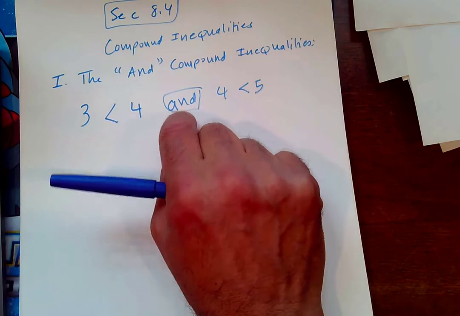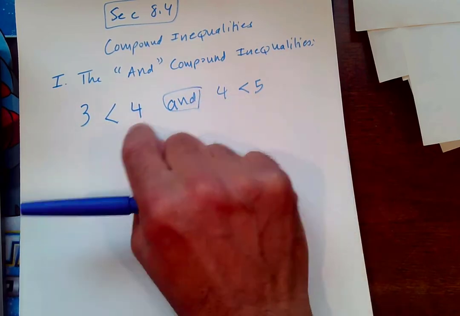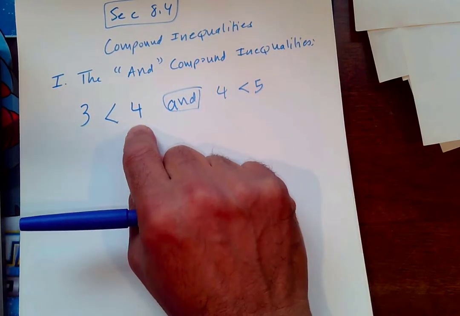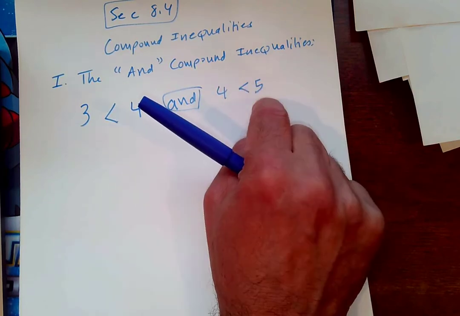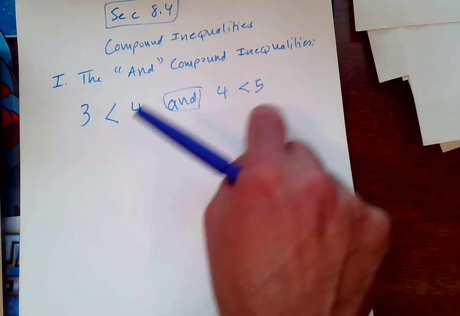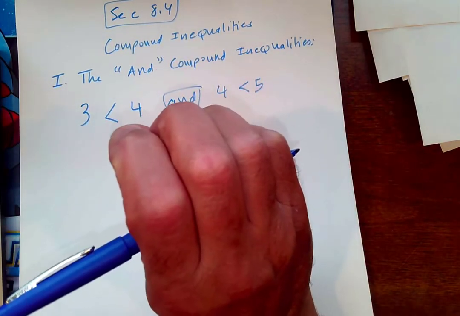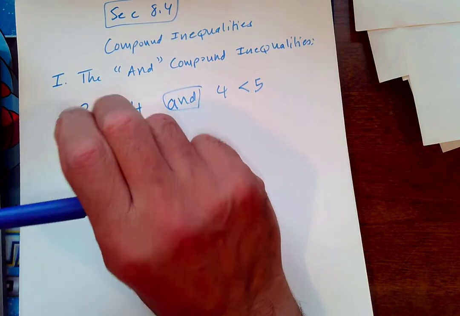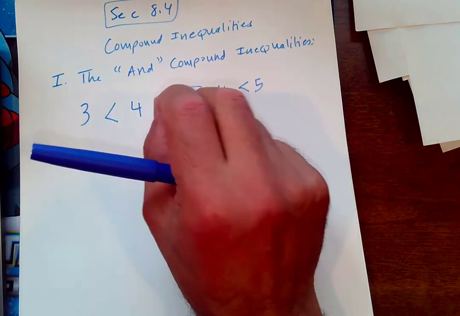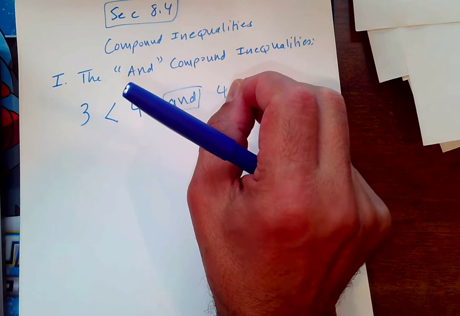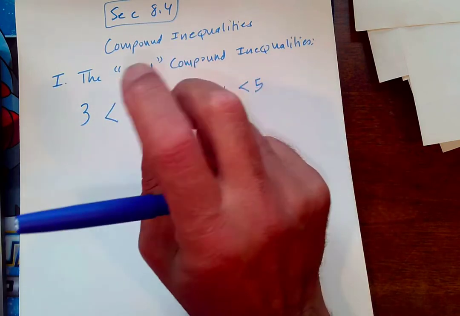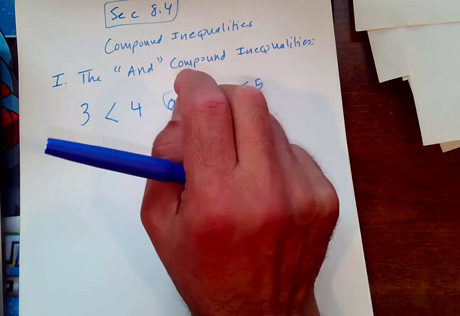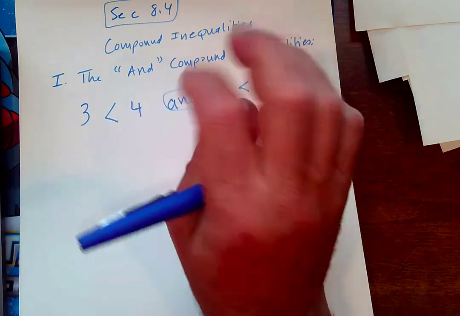When we use AND, both of these statements have to be true. 3 has to be less than 4 and 4 has to be less than 5 for the whole statement to be true. Just like if you say, I am a full-time student and I'm 25 years of age. So when you use AND, that means you have to be a full-time student and you have to be 25, otherwise you're not truthful. So same thing here.